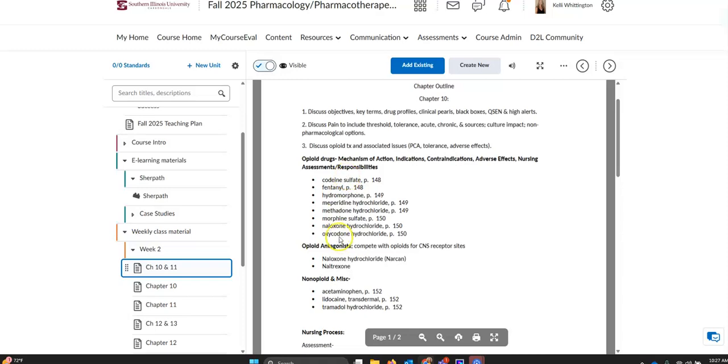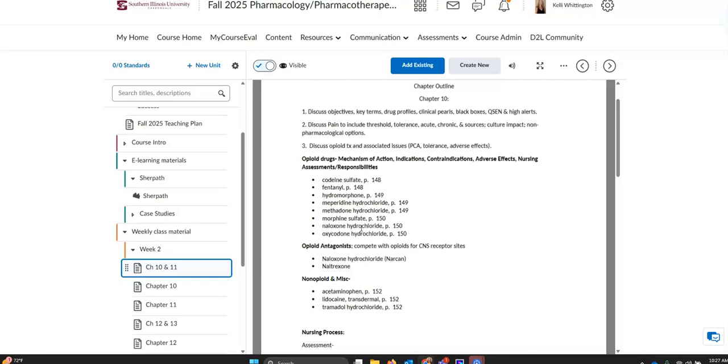So when you look at the ones I have listed on a chapter outline, these are the ones that we typically use the most common, and all of these have an opioid component to them. Healthcare providers are trying very diligently to not prescribe these as much as we have formerly, because we do realize we have an opioid addiction crisis within our nation. So they are trying to minimize use.